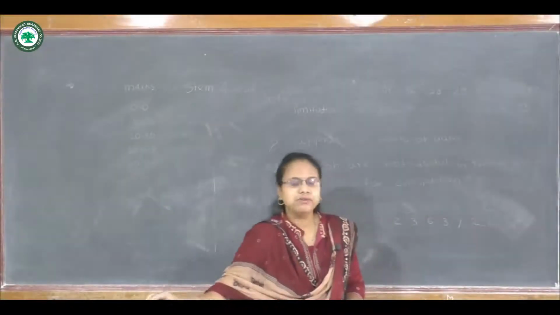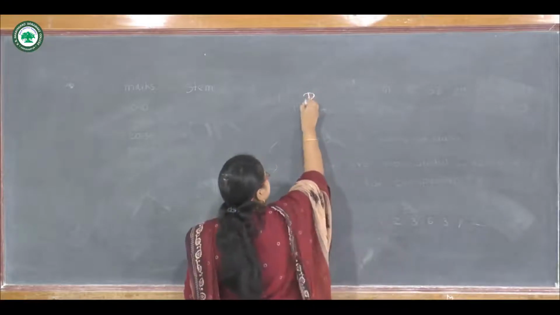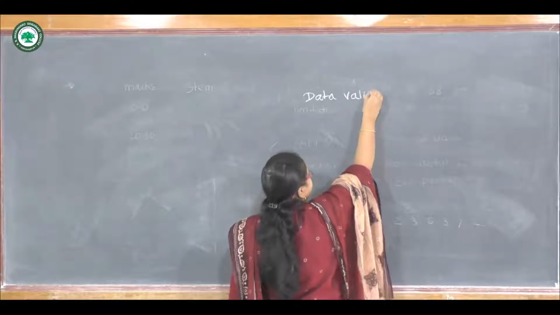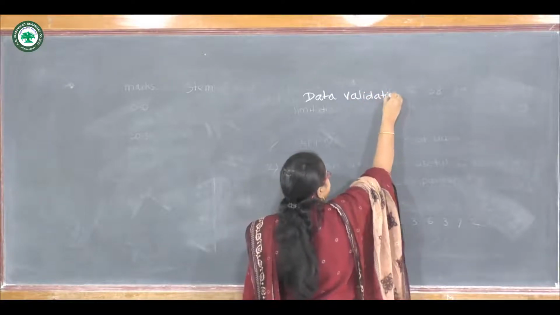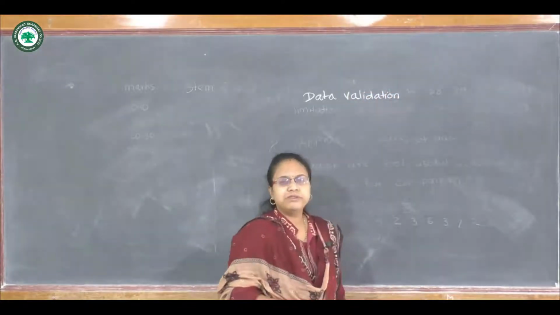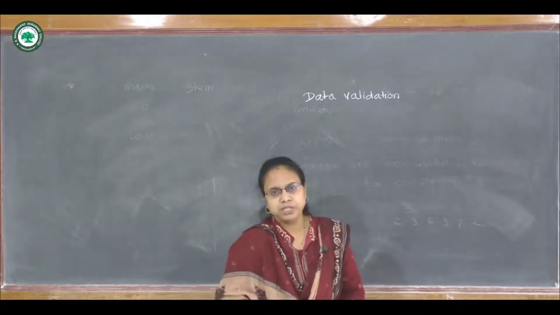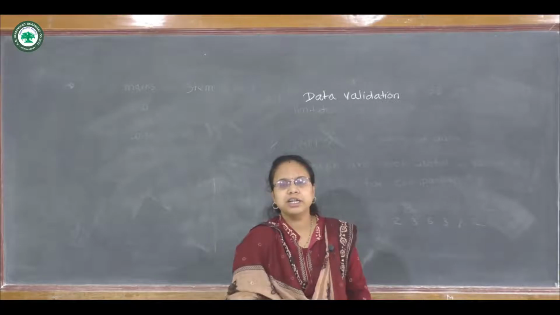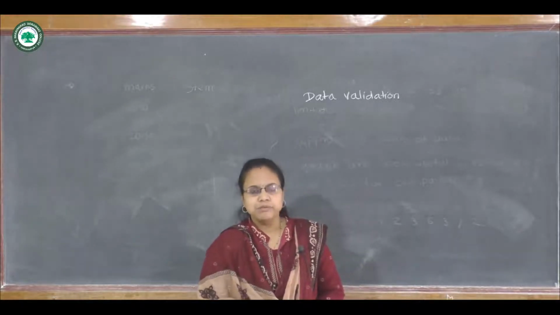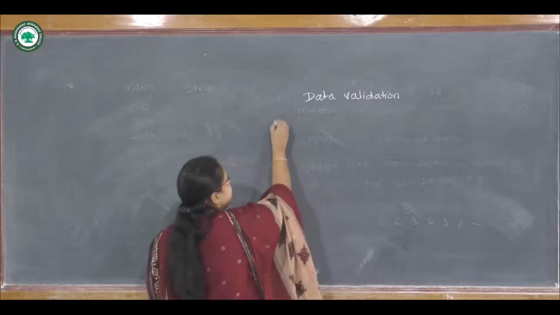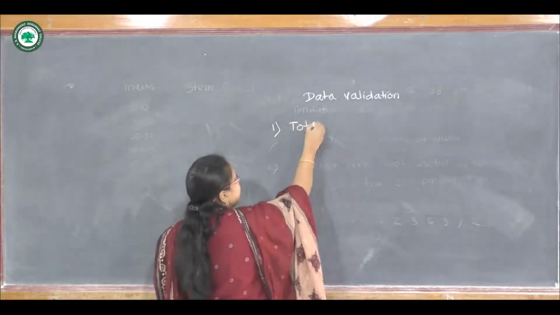The next point we will study is data validation. While we take data from any sample or population, it becomes necessary to validate that data. There are some points regarding data validation. The first is the totality check.